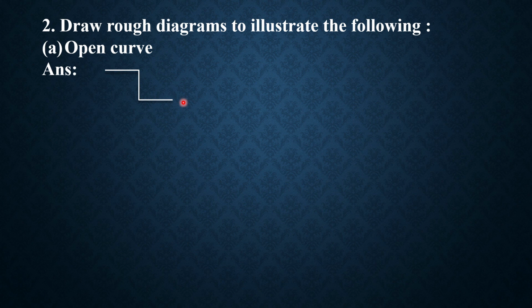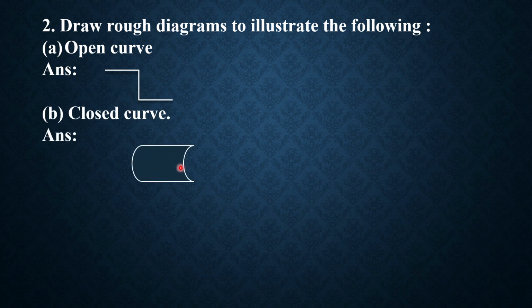See, this one is open everywhere, so it is an open curve. Now the closed curve. See, everywhere it is closed, so it is a closed curve.